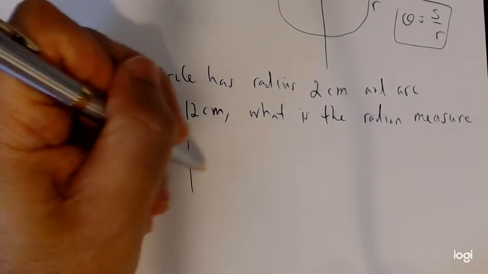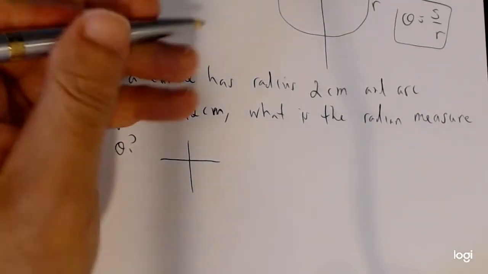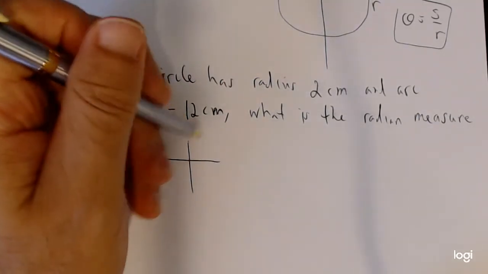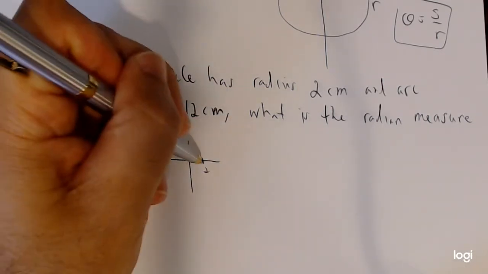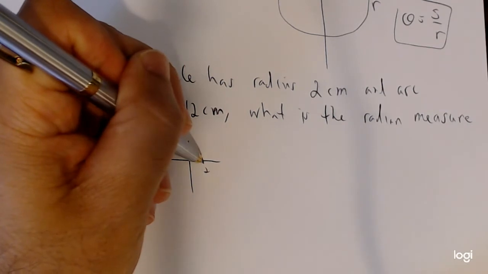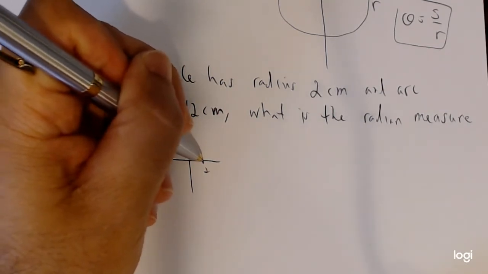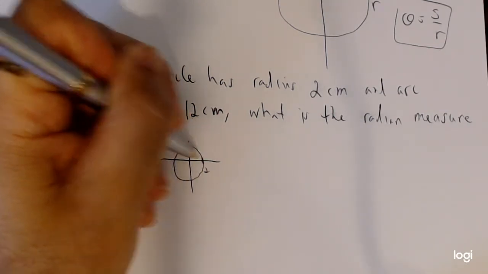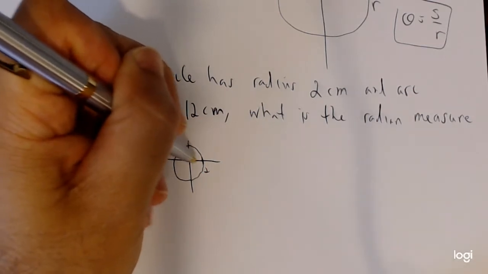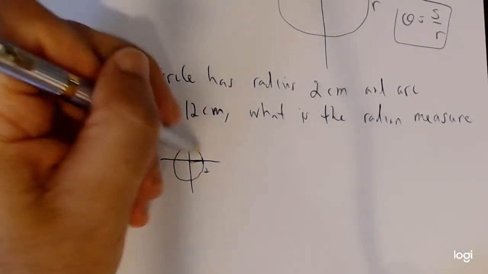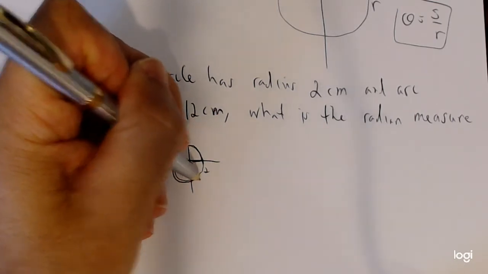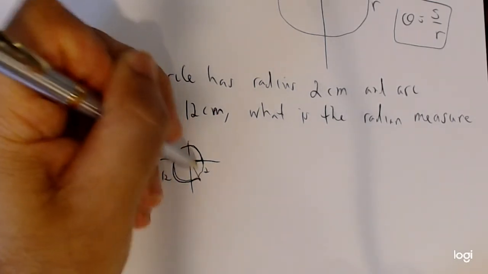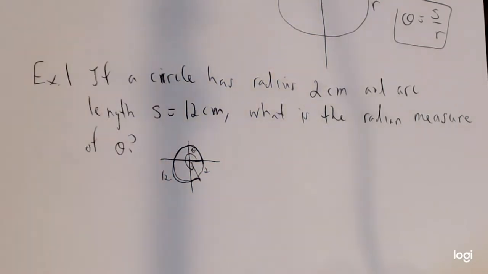If we draw a picture of this, we have a circle with radius of 2, and we're told that this arc length is about 12, which would put us somewhere around here. We're trying to figure out what that theta is.